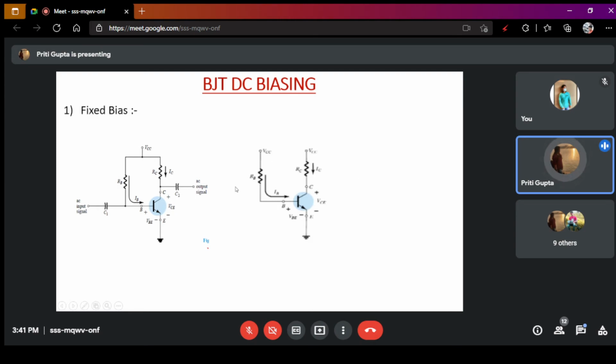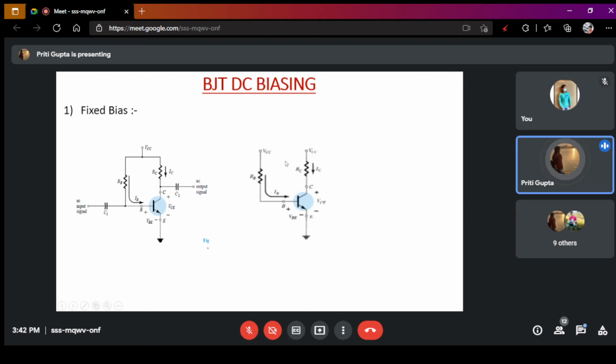Here VCC and here also VCC. If you have any doubt, you can do it this way also: connect these two terminals and take a common point, VCC, like the way it is drawn.